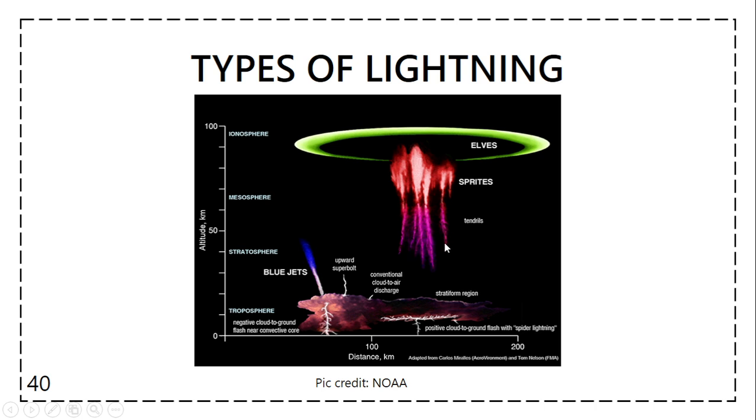But tendrils, every single one of these is quite rare. Tendrils, I don't really know what they are, but I do know what sprites are. Sprites are basically every time lightning strikes 50 miles above that cumulonimbus cloud, that thunder cloud, very dim sprites will appear on the top. And this thing called elves, I don't know what that is either.